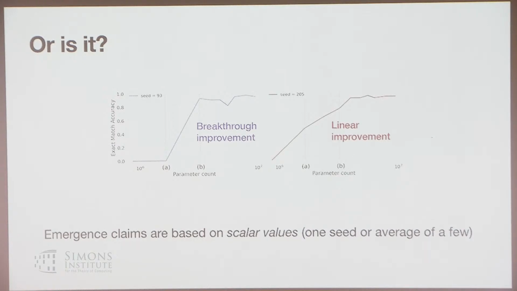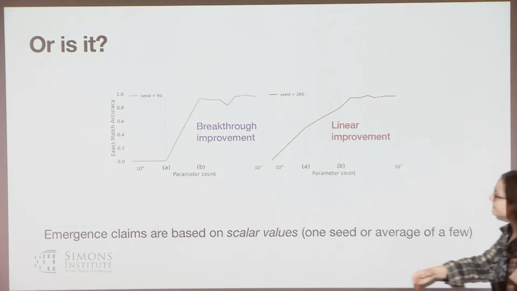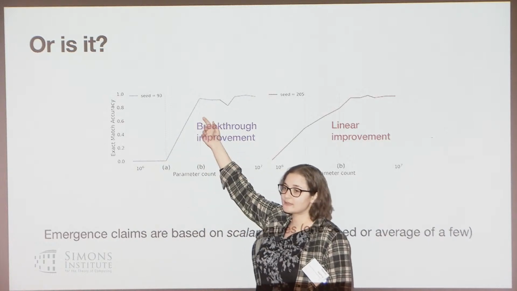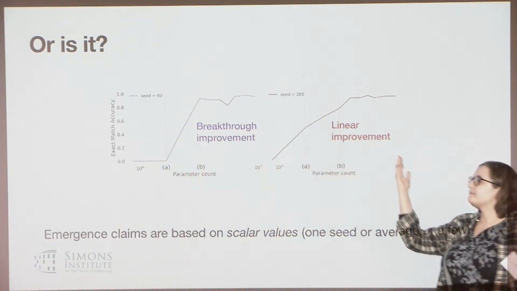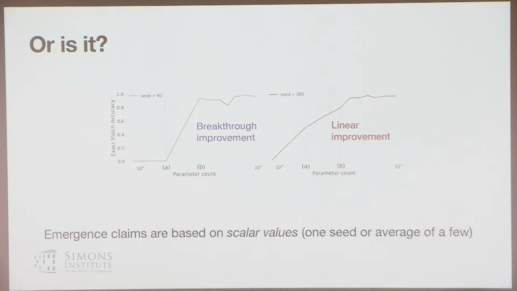They're generally making claims about scalar values, usually a single seed. Sometimes they average 3 seeds if they really have the resources, but usually not. Usually they're literally training one model at each scale, right? And when you're doing that, and then you suddenly say, okay, this is a breakthrough capability, this is emergent, you're not necessarily getting the full picture, right?